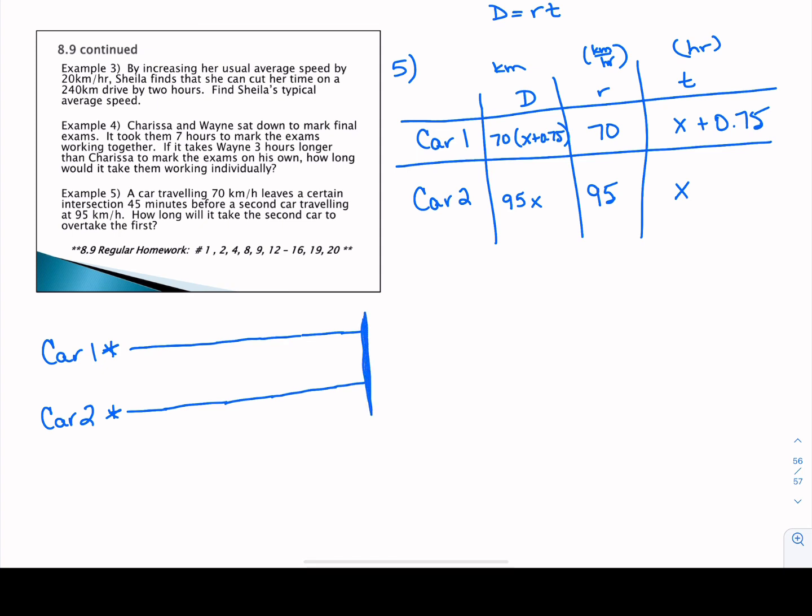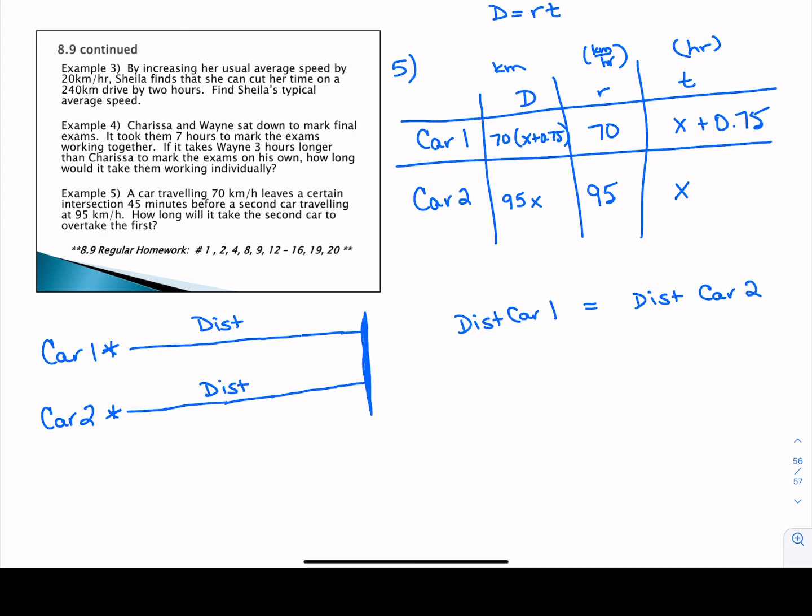What I want you to recognize here is that the distance car 1 has traveled is the same as the distance car 2 has traveled. So we can set that up as an equation. We can say the distance traveled for car 1 must at some point be equivalent to the distance traveled for car 2, because at that point we know one car has caught the other.